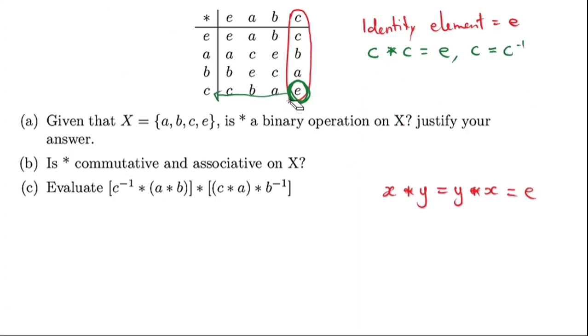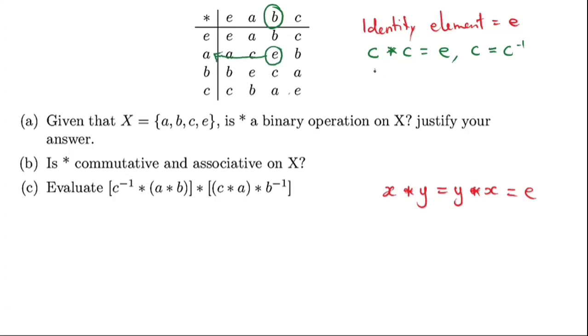Remember, the question has C and B. So for B, we do the same thing. Here's our B. Where is the E? Here's the E. Okay. Then, what do we get here? We get A. So what does this mean?